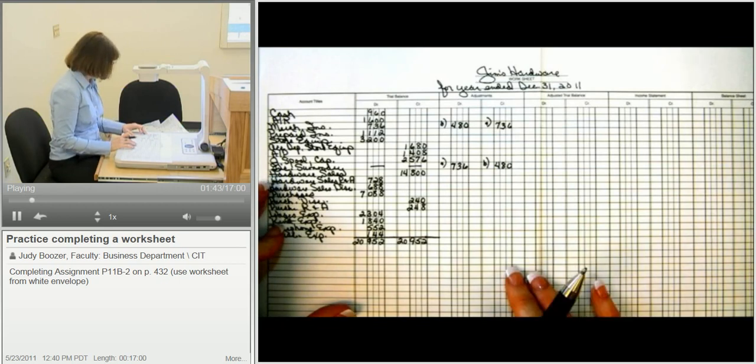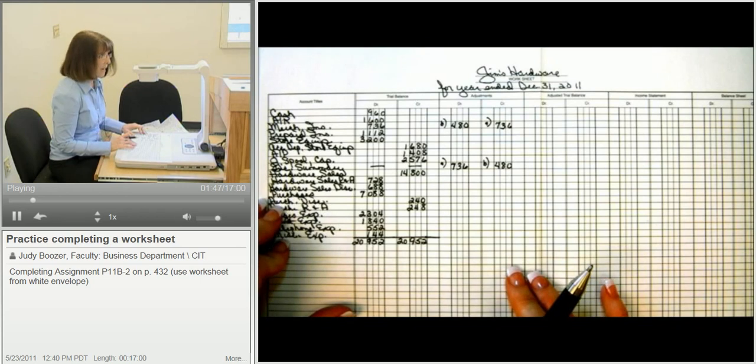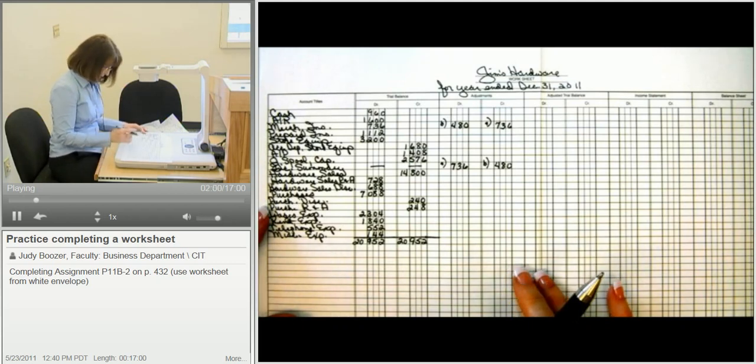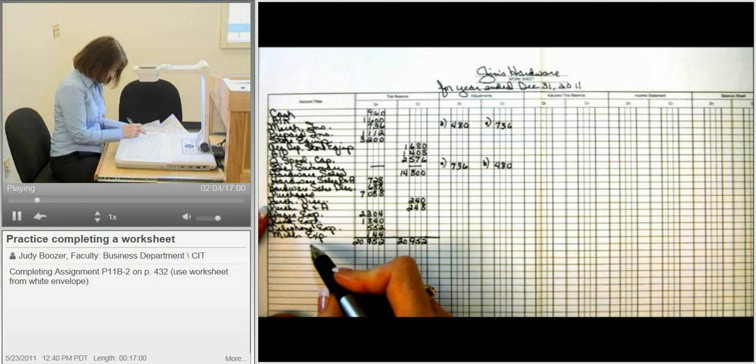Next one we have insurance expired. Same thing as insurance used. So what is our debit for this one? Okay, so insurance expense, is it listed here? So we're going to add it down here.